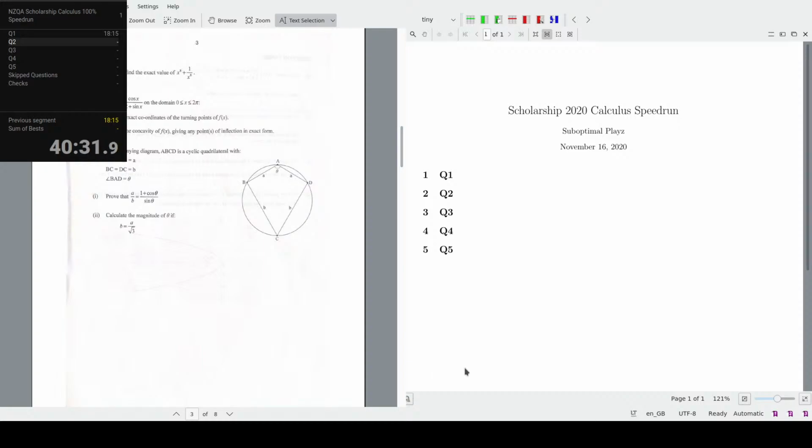Surely you could just say, because of symmetry, AC is the diameter of the circle. I'm just going to say that, because it has to be, right? The entire diagram is symmetric around AC.